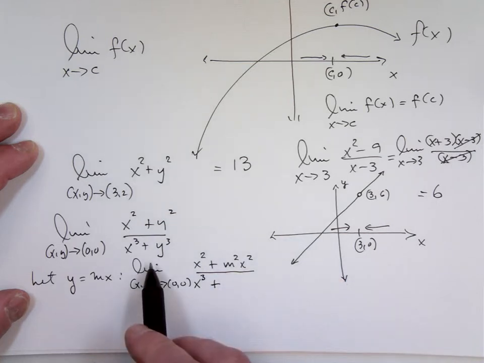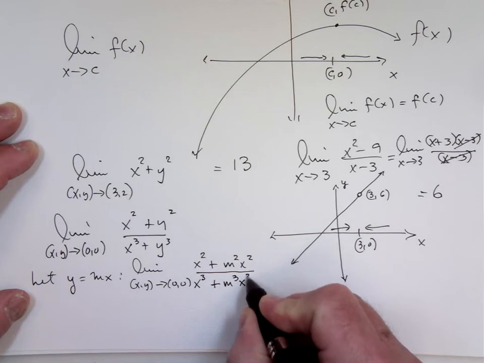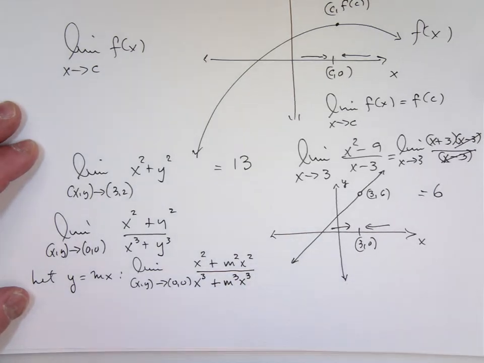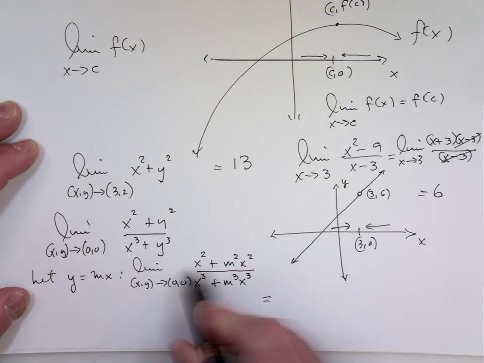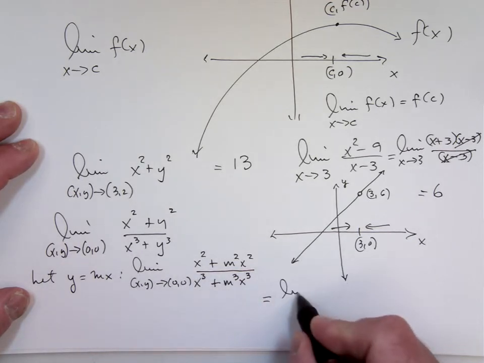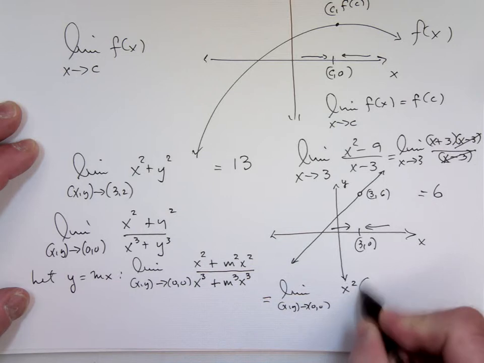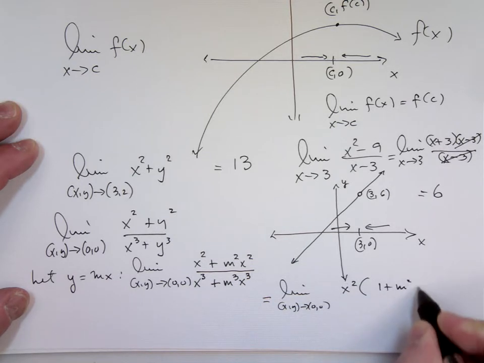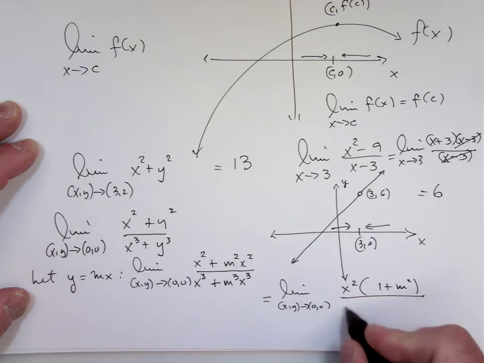y cubed, m cubed, x cubed. Okay. And let's see, what can we do here? We can factor out an x squared on that numerator. So we can factor out an x squared. You get 1 plus m squared. Factor out an x cubed in the denominator.